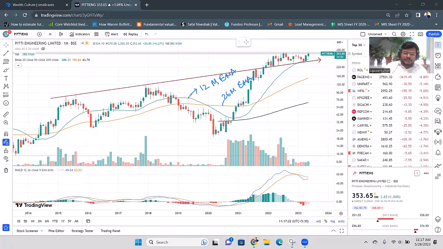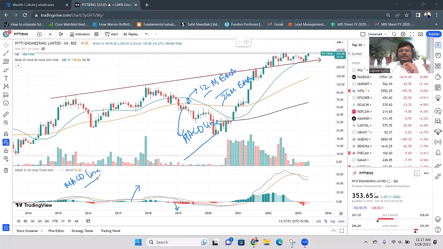The difference between these two lines is a line called the MACD line, as simple as that. Whenever my 12 is above my 26, the line is above the zero. And whenever my 12 is below the 26, my line is below the zero. As simple as that, right? So that's the first component, which is the moving average convergence divergence line.